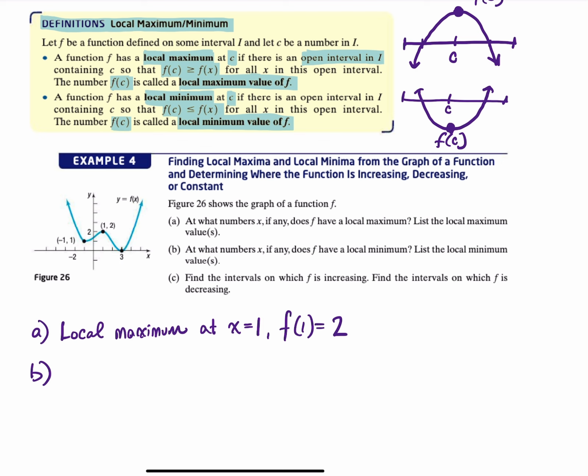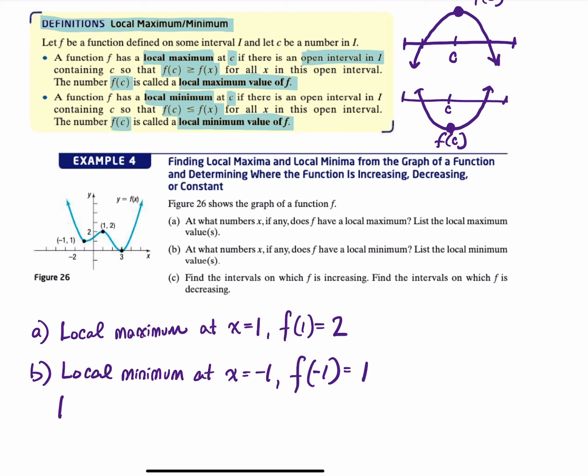So we have a local minimum. The first one is at an x value of -1, and the minimum value is +1. That's the y value there.